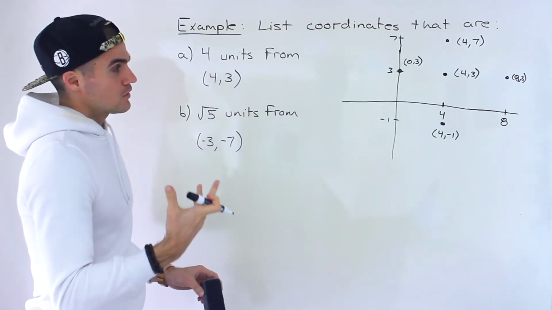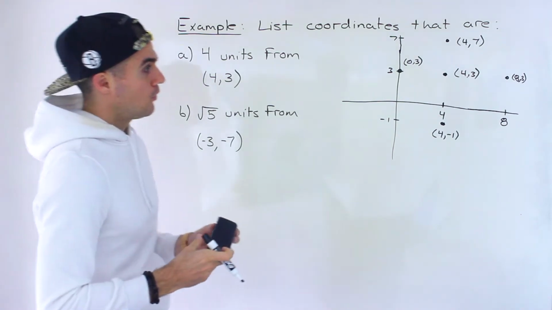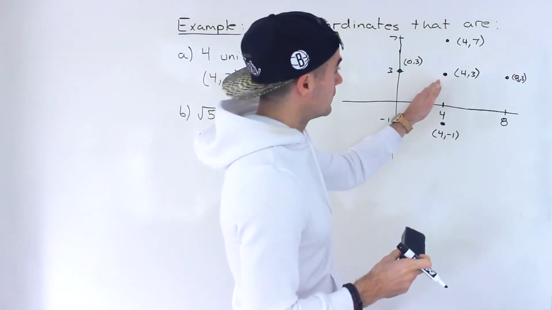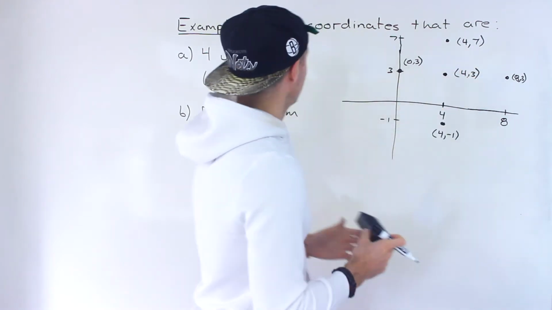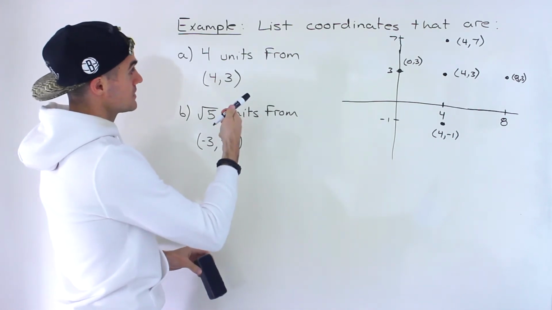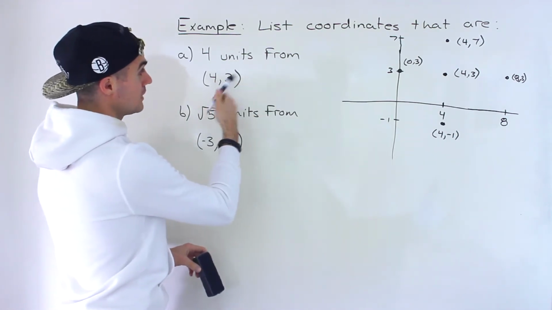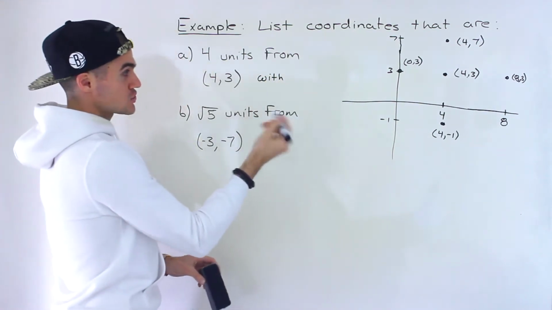Now, a tougher way to do this is to get points where the distance is going to be a slant distance. Let's say this question said list coordinates that are 4 units from (4, 3) with, let's say, they specify a certain x value.